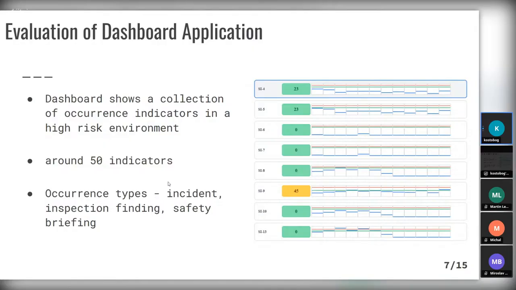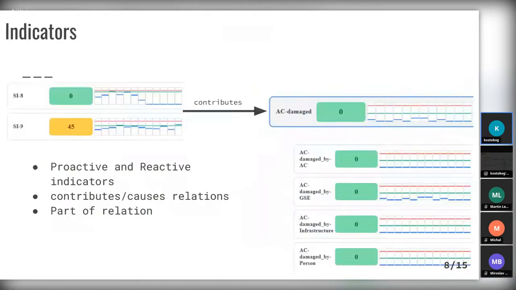So there are the incidents, so if something happens and it's some loss, but then there are inspection and maybe safety briefing. So these are more like proactive activities, which are also shown in the indicators.